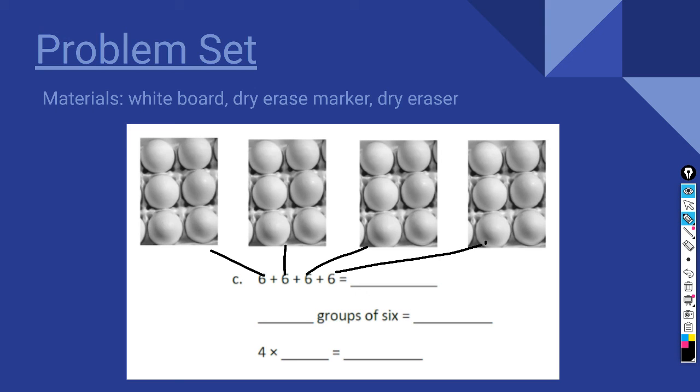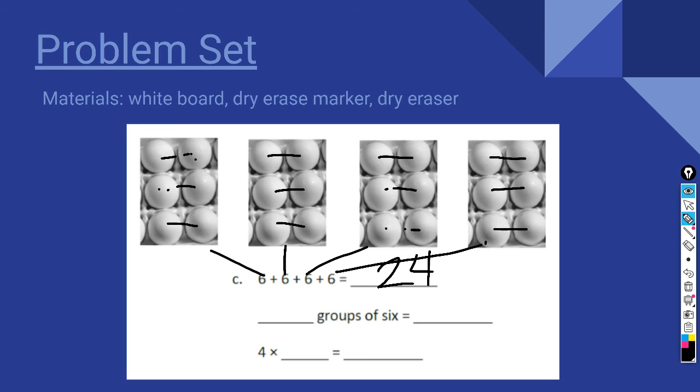Okay, so you can count each egg, or you can count by 2s. 2, 4, 6, 8, 10, 12, 14, 16, 18, 20, 22, 24. Okay, and like I said, if counting by 2s is still a challenge, you can go through and count each egg individually, and you'll still get to that 24.